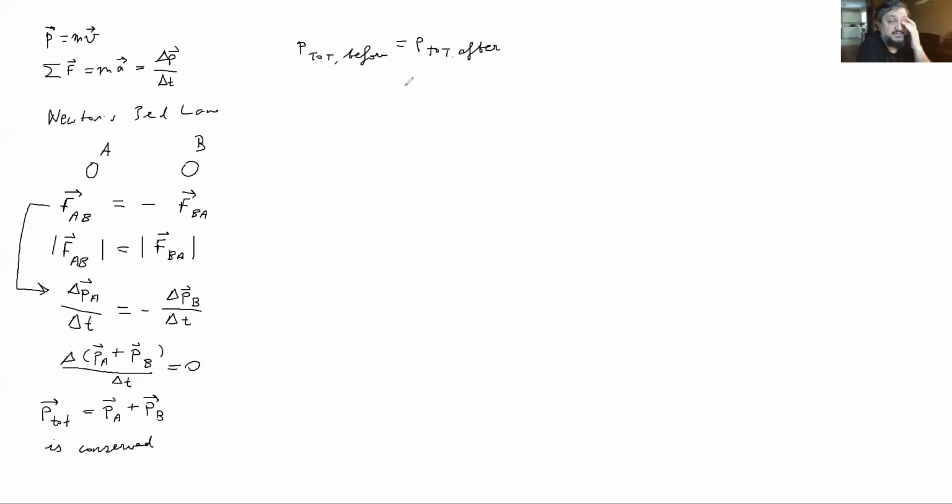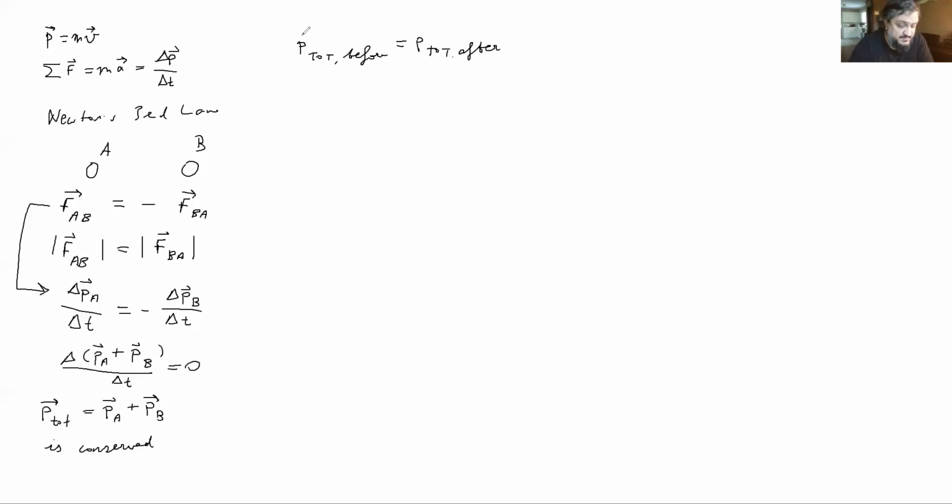Here I made the assumption that FAB was the only force, therefore the net force acting on the object, then the momentum, total momentum, is conserved. But if there are external forces present, of course the momentum will not be a conserved quantity, okay? But for collisions, this will be good enough to work with, right? This principle of conservation of momentum.